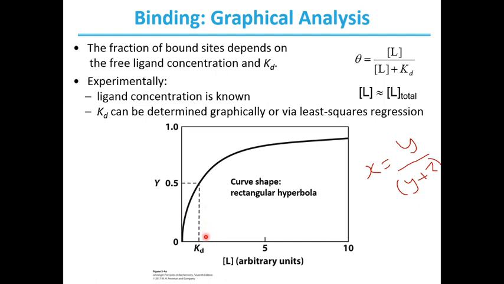Again, the ligand concentration at which half of the available ligand binding sites are occupied corresponds to Kd, or 1 over Ka. Kd is the more commonly used equilibrium constant, called the dissociation constant, because it is intuitively simpler.